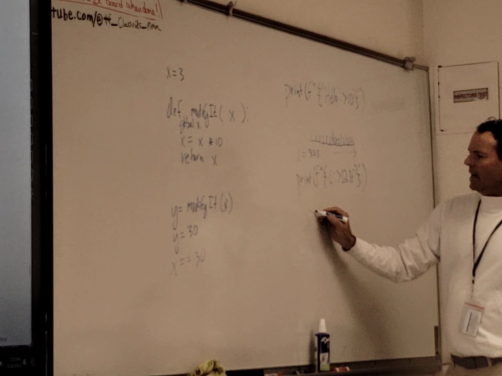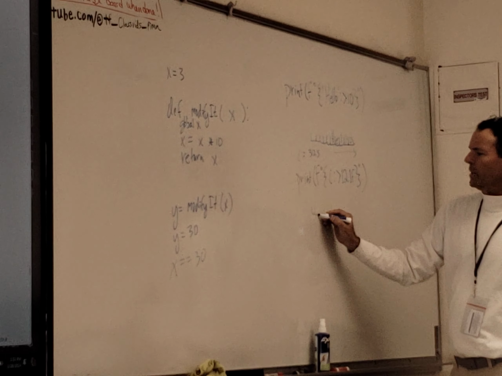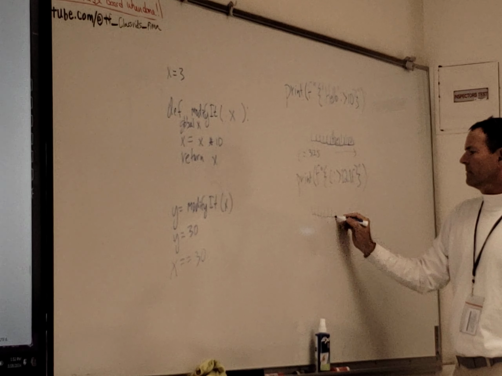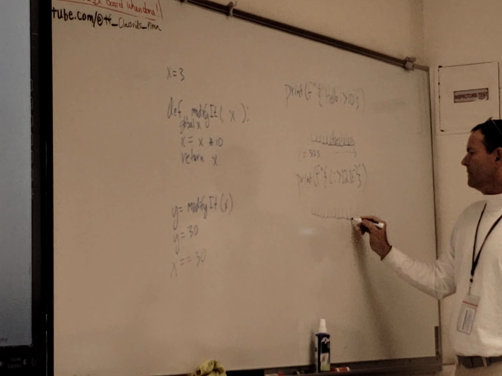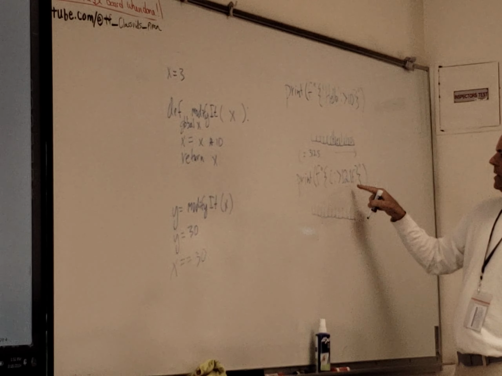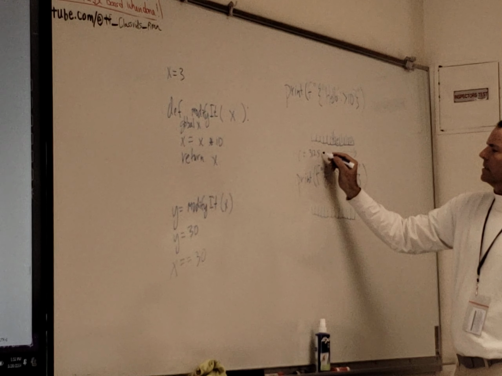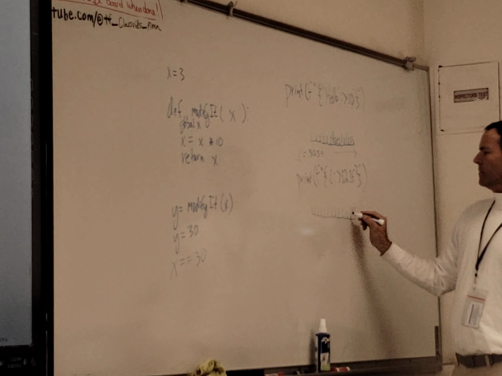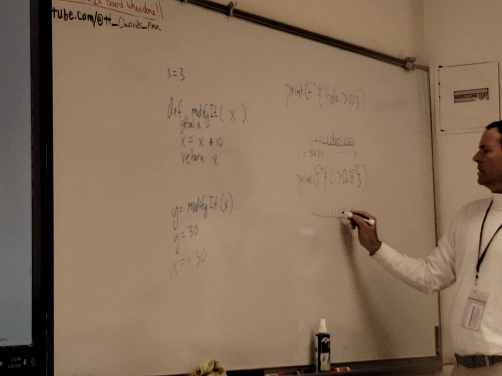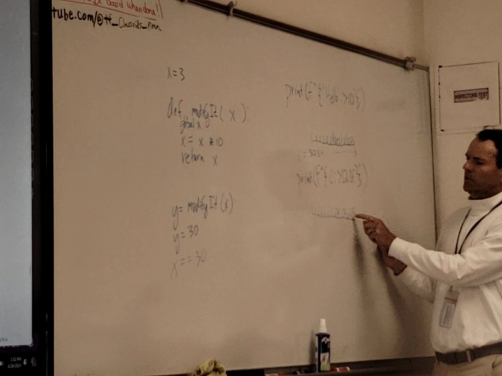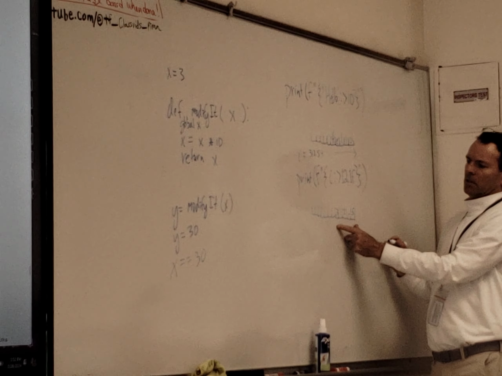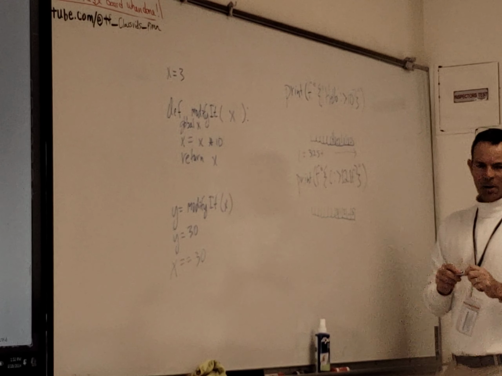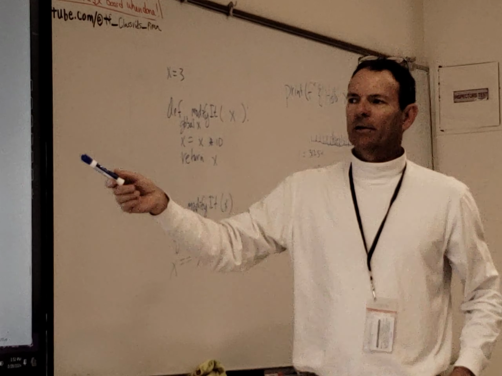So this is going to print i in 12 spaces, 1, 2, 3, 4, 5, 6, 7, 8, 9, 10, 11, 12, with 1 digit of precision. Let's make it 5.213. It's only going to print 1 digit of precision, and it's going to flush it right in 12. So those are a couple of key things that will help you with this little assignment.